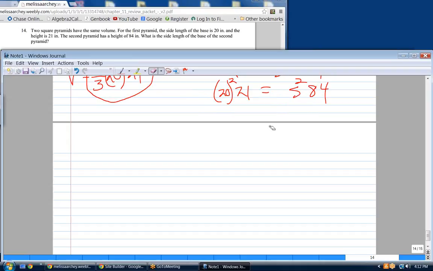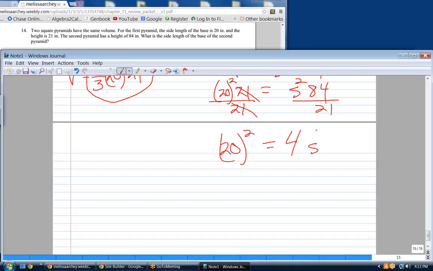Divide both sides by 21. The 21s cancel, and 21 goes into 84 exactly 4 times. So now we have 20 squared equals 4s squared. Now we're going to have to multiply stuff out.